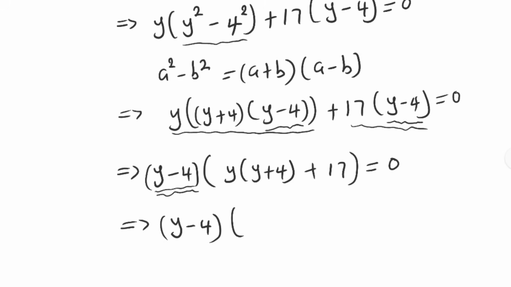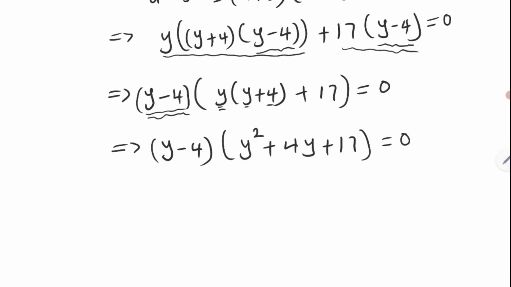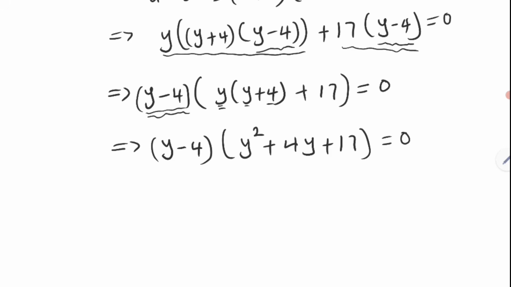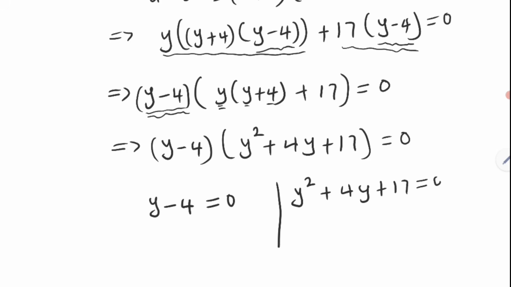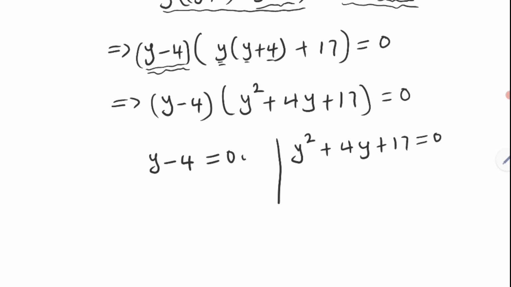Let's open the bracket with this y times y. This is y square plus y times 4, 4y plus 17 is equal to 0. Now there are two cases here. The first case is y minus 4 is equal to 0, and the second case is y square plus 4y plus 17 is equal to 0. Now from here, y is equal to 4.